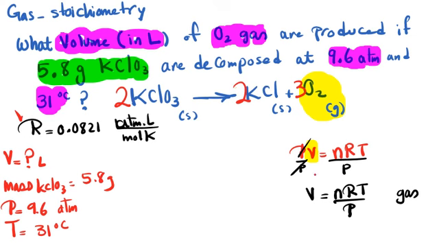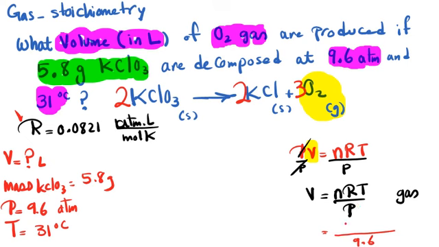I need to know this information: pressure, temperature, R, and n to solve my problem. By a good approximation, we can consider that 9.6 atmosphere is the pressure of oxygen. So we just need to write pressure is 9.6 atmosphere.